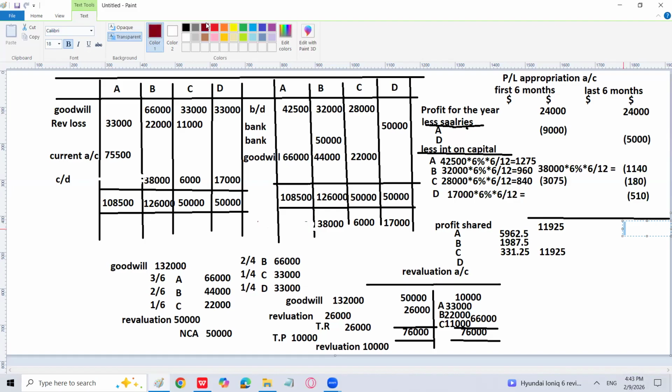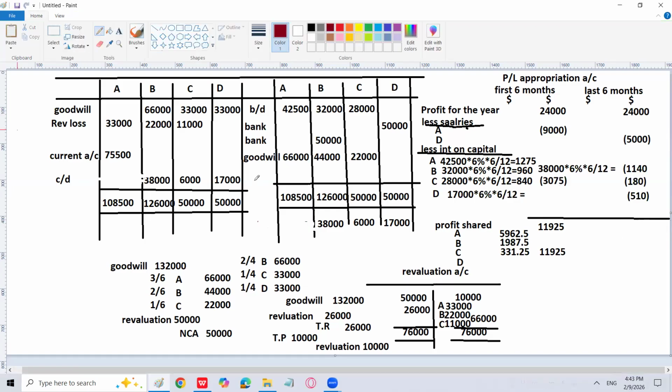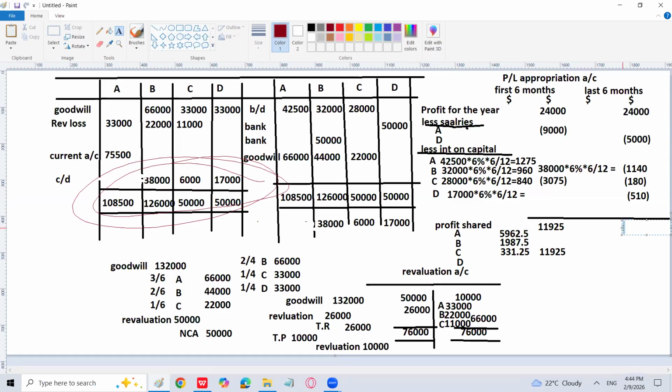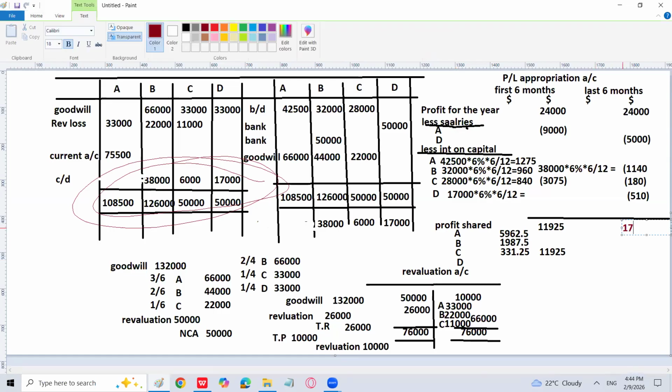Remember this, that you have to calculate interest on capitals on these capitals now for the next 6 months, because for the next 6 months B, C, and D capital which has been inducted or available in the business was 38, 6, and 17. How much? 17,170.